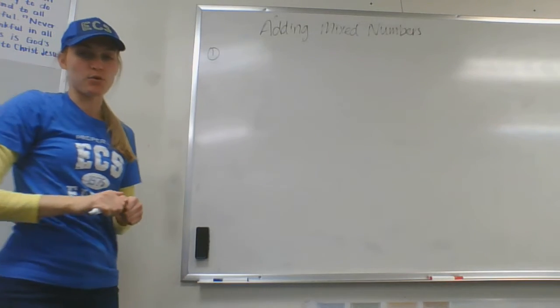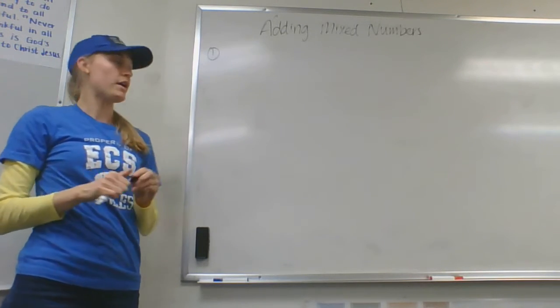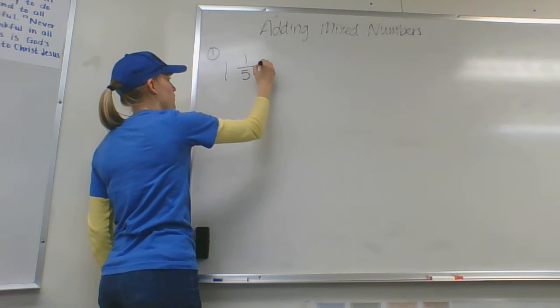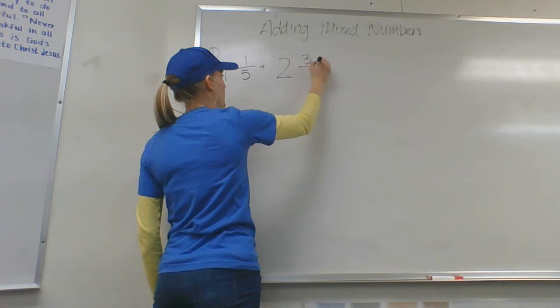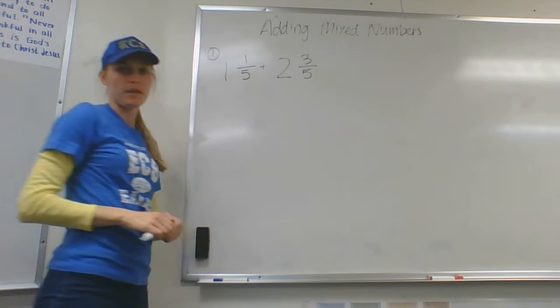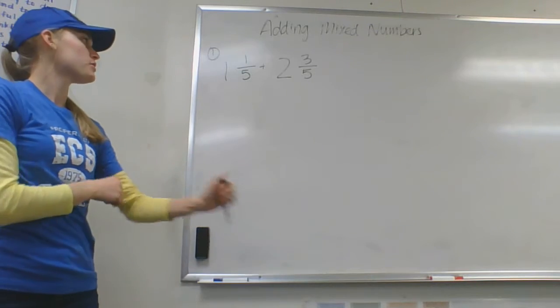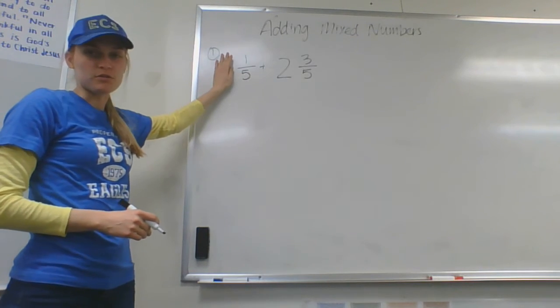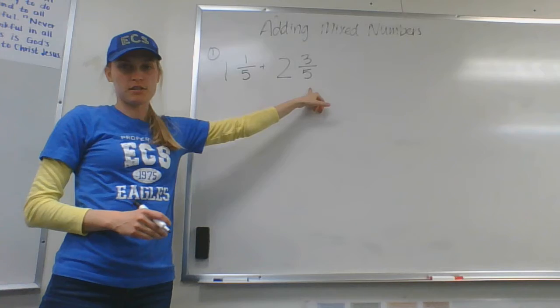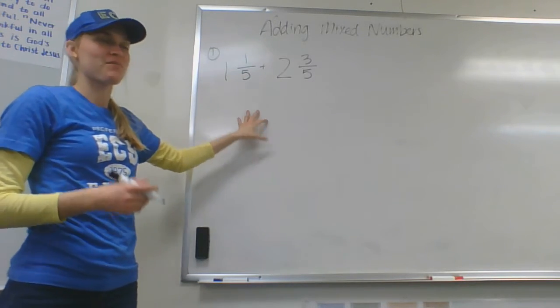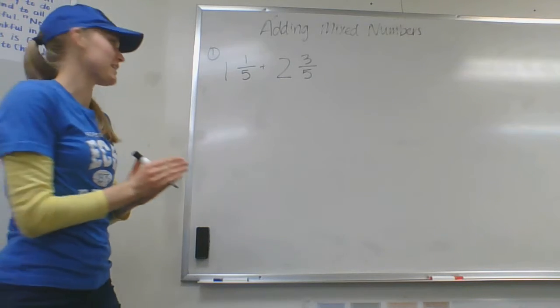We'll start with the example 1 1/5 plus 2 3/5. Okay, so we're just going to have three steps. First step is we're just going to forget about those whole numbers, and we're just going to add the fractions. Second step is we're going to forget about the fractions and add the whole numbers. And the third step is we're going to put them together.